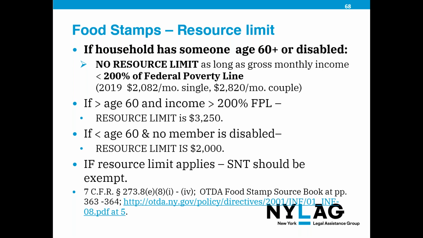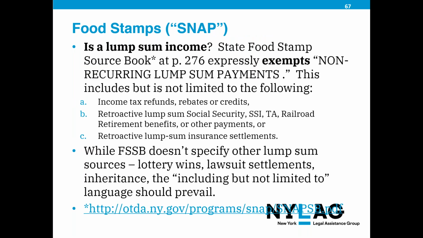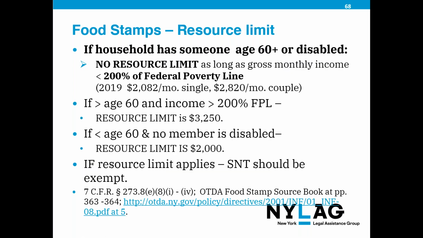That's about $2,082 a month for one person, $2,820 for a couple. So if there's no resource limit, because they fall in those income brackets, then winning a lump sum wouldn't affect them. And the definition here, that it's a non-recurring lump sum, does not count as income. So that's encouraging for people with SNAP.